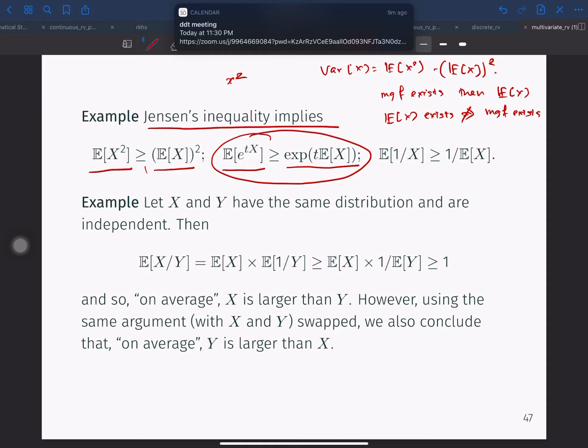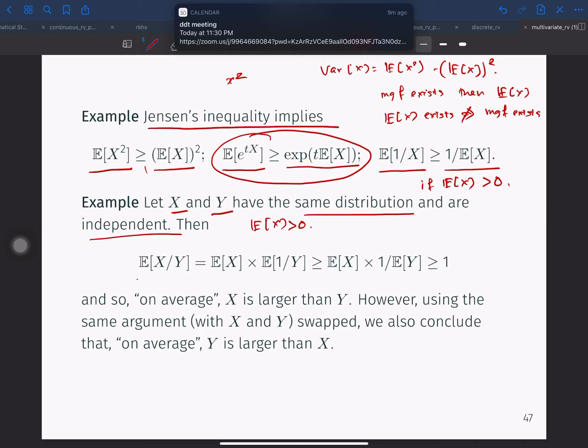And furthermore, the expected value of 1 over X is bigger than 1 over the expected value of X if the expected value of X is positive. So for example, let X and Y have the same distribution and be independent, and suppose that the expected value of X is bigger than 0.